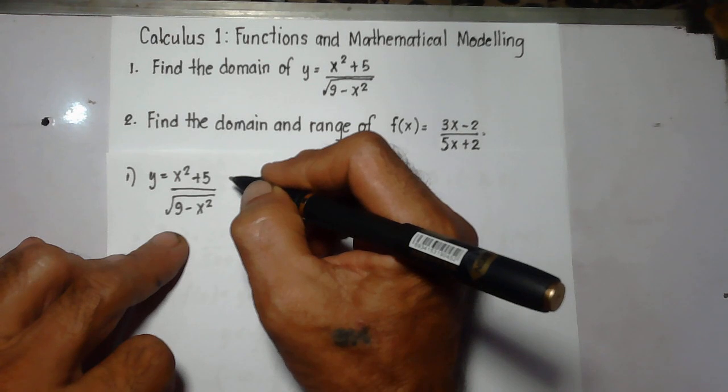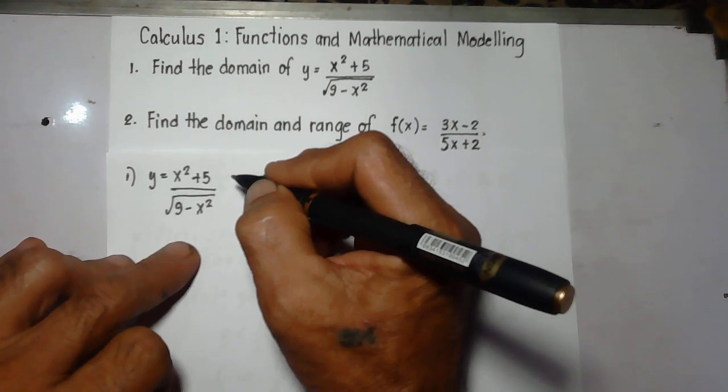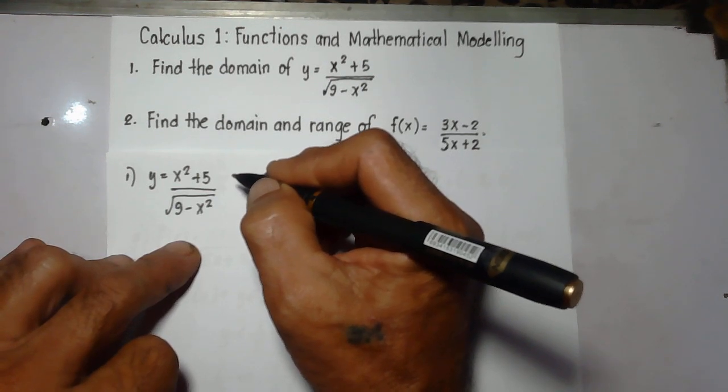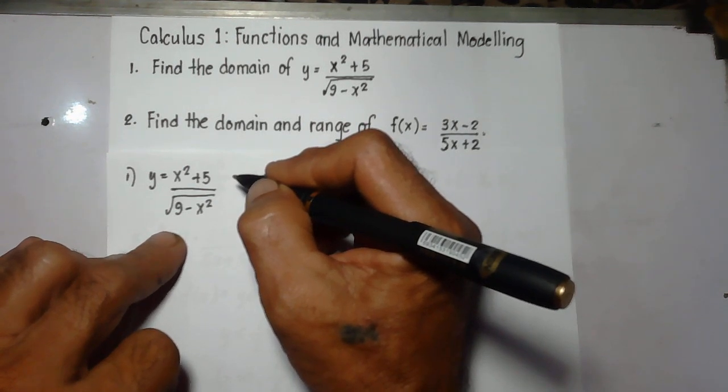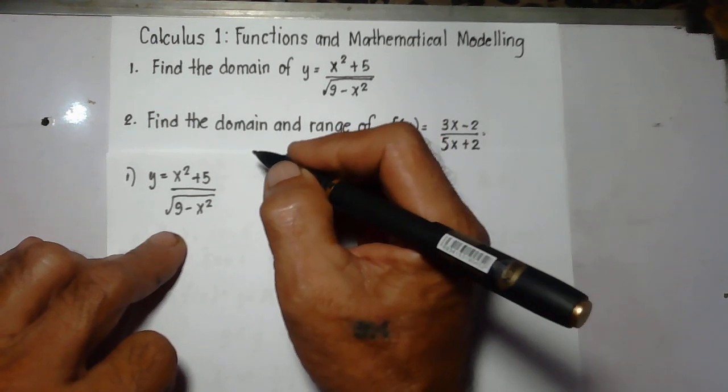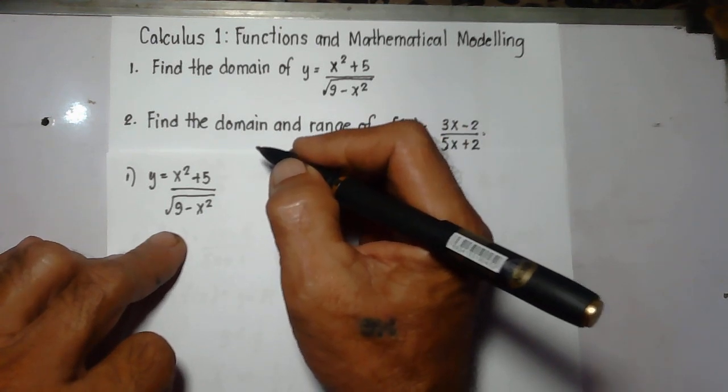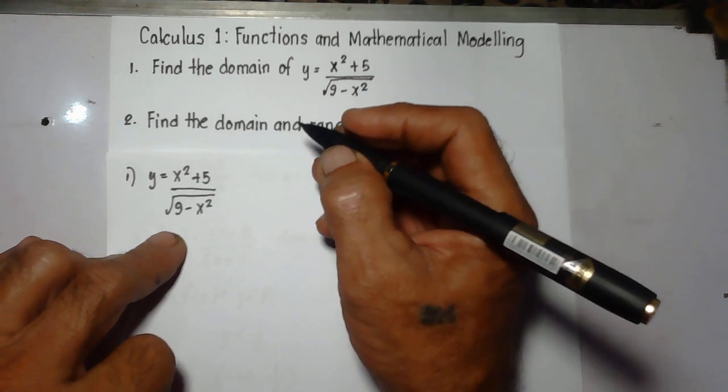In the same manner, we cannot assign numbers that are lesser than negative 3 because the denominator will also translate into an imaginary number. But we can assign positive and negative real numbers for x.